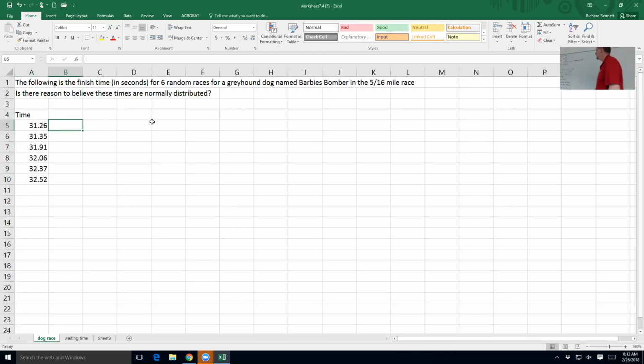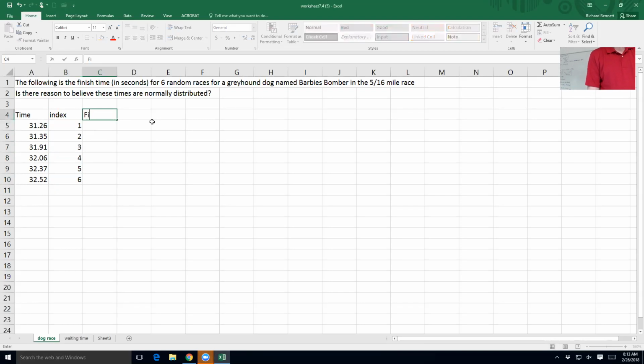Now, it says compute f sub i, where i is your index number. So what I'm going to do is create a column here called index number. This is basically 1, 2, 3, 4, 5, 6. Just number them sequentially, in this case 1 through 6. Now we're going to compute our f sub i.